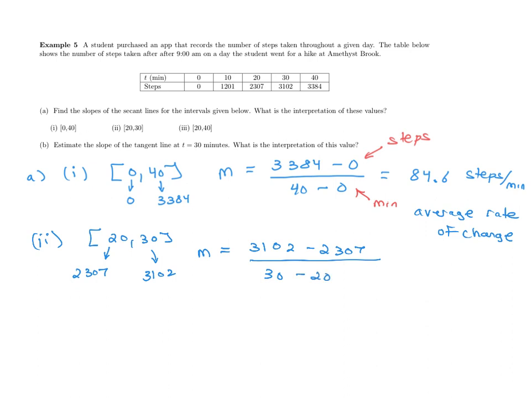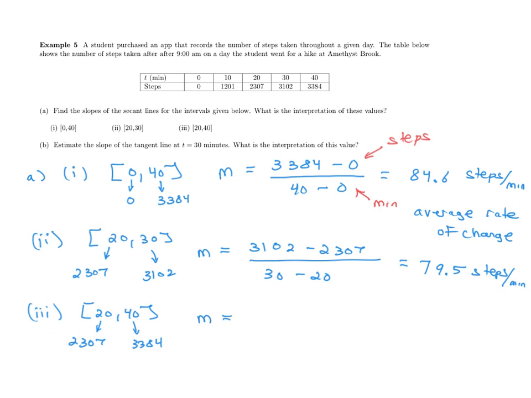Again, going directly to a calculator, if we divide, we get 79.5, and that is steps per minute. And that's the average rate of change over the interval from 20 to 30 minutes. For the last part, here the interval is from 20 to 40. Corresponding y values are 2,307 and 3,384.